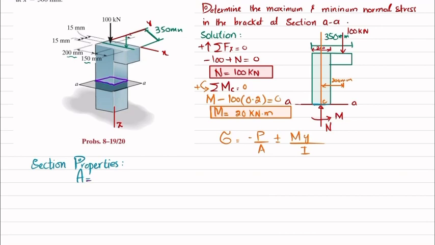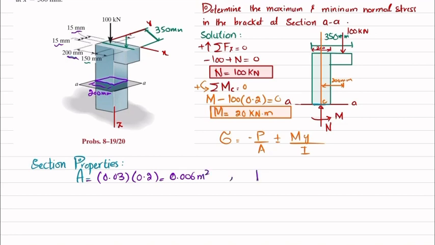So this area is equal to 200 millimeter by 15 plus 15, 30 millimeter. 30 millimeter is 0.03 and this width of 200 millimeter in meter is 0.2. So when you solve this, you will get area as 0.006 square meter.